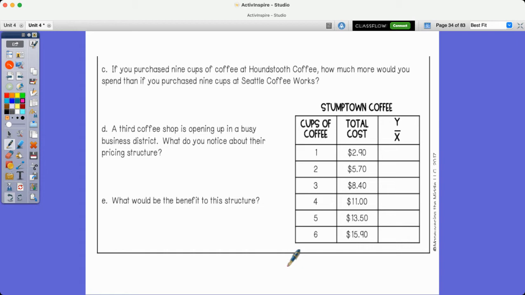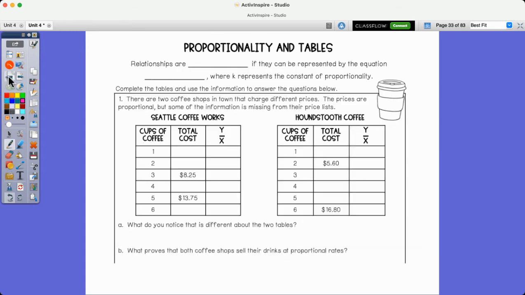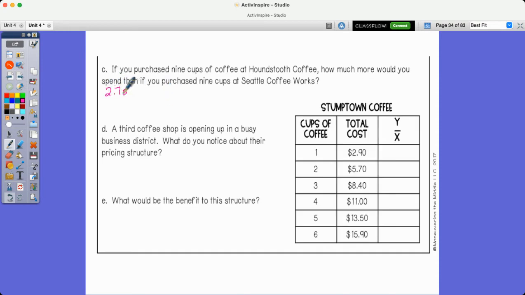So if you purchased 9 cups of coffee, how much more would you spend if you purchased at Coffee Works? So let me go back. Oh, I erased it. So we had $2.75 per 1 cup of coffee at Seattle, and you had $2.80 per 1 cup of coffee at Coffee Works.